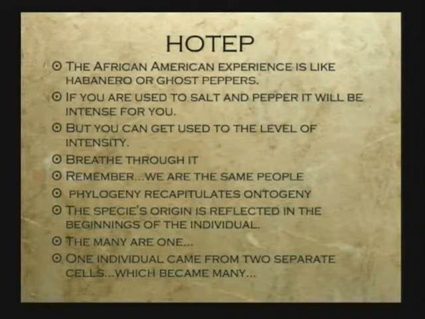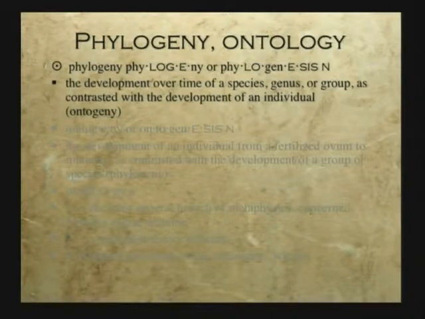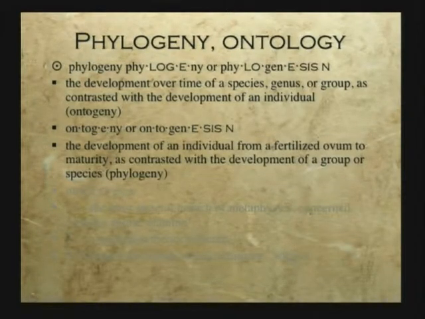Phylogeny recapitulates ontogeny. So, dictionary definition, phylogeny, or phylogenesis, the development over time of a species, genus, or group, as contrasted with the development of an individual, ontogeny, and then ontogeny, the development of an individual from a fertilized ovum to maturity as contrasted with the development of a group or species.